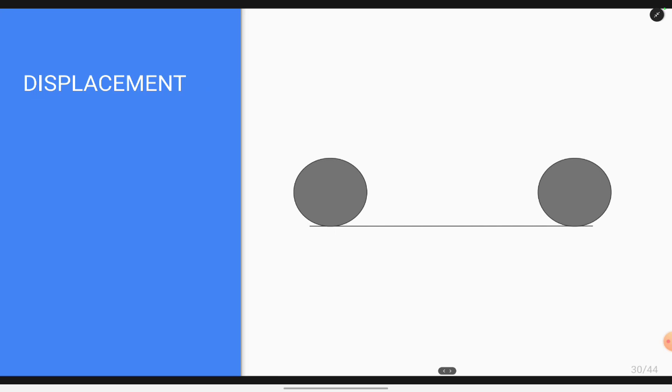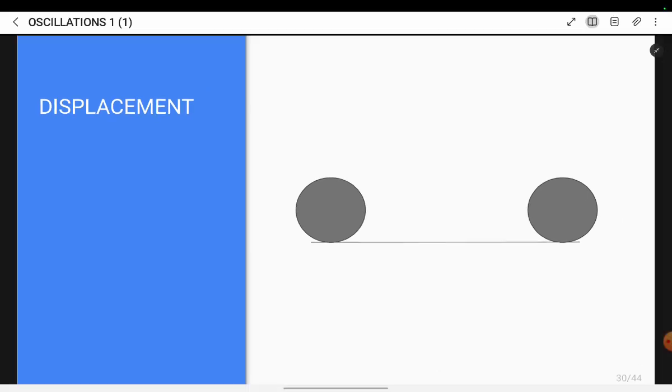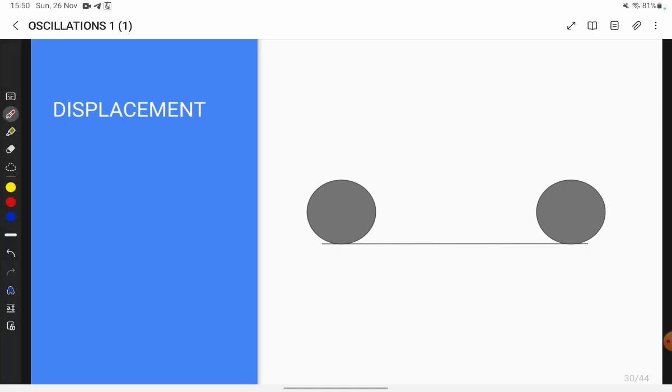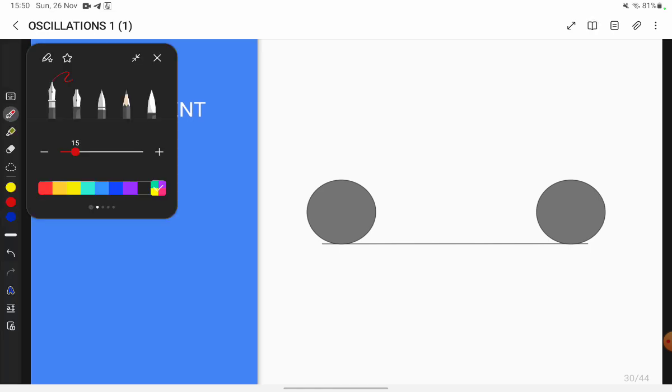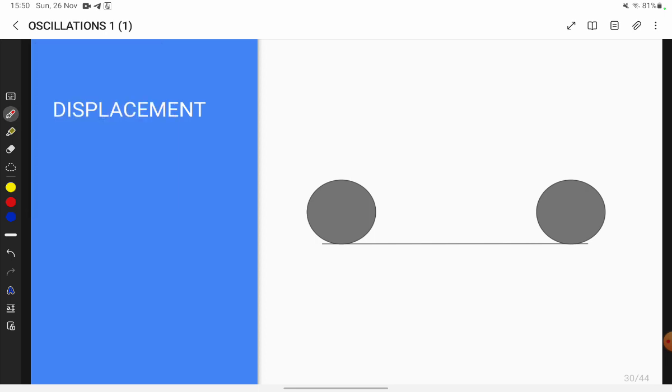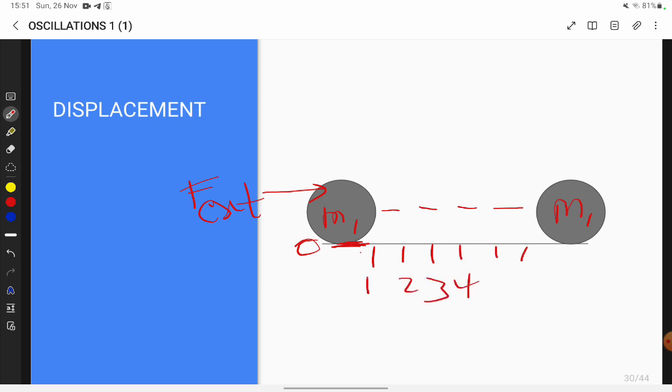So here let me explain with a diagrammatic representation. Let's see, this is a body of mass M1, this is also M1. So this is at equilibrium position, but when an external force F external is applied on it, then it will displace. Let's make this a scale: 1, 2, 3, 4, 5, 6, 7.